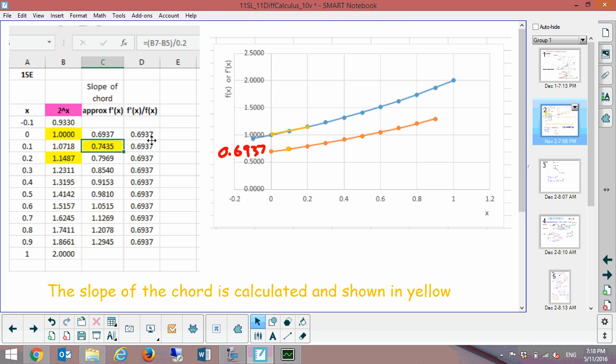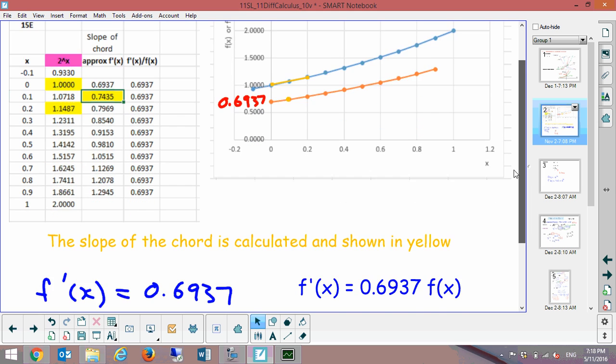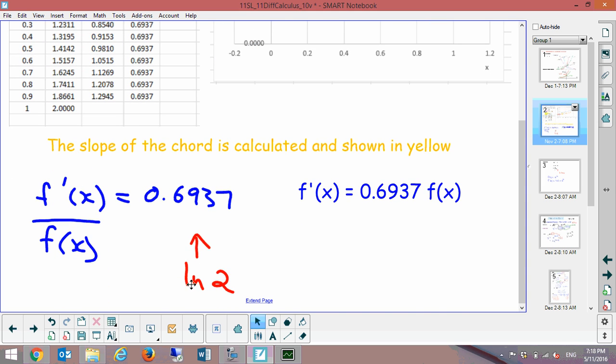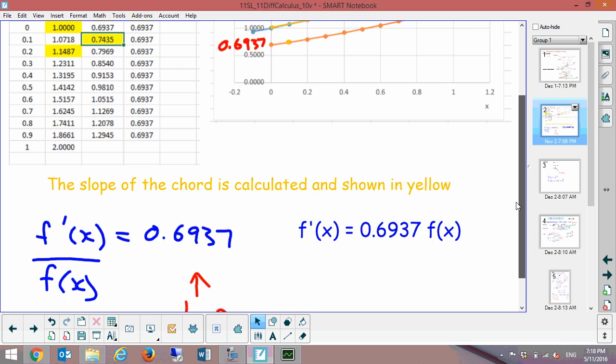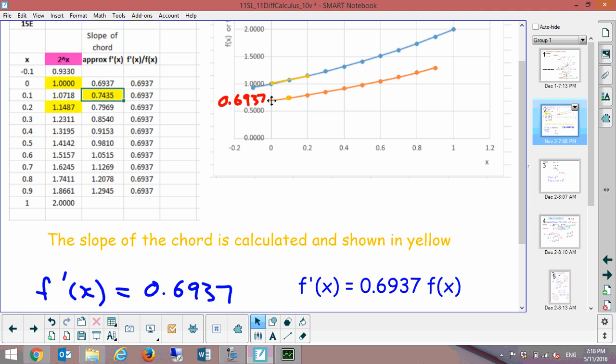So this number is ln of 2. That's where that number's coming from. It has a significance. This is the value we actually get when x is 0. When x is 0, the derivative at that point is 0.6937. It is ln of 2.